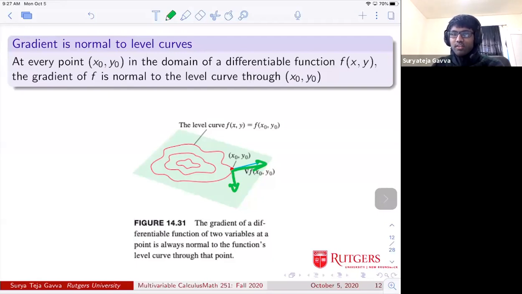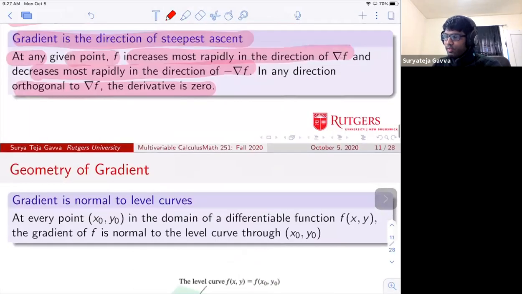So the level curves are the curves along which the function doesn't change, right? And you saw that the gradient f is perpendicular to the direction in which the function doesn't change, right?